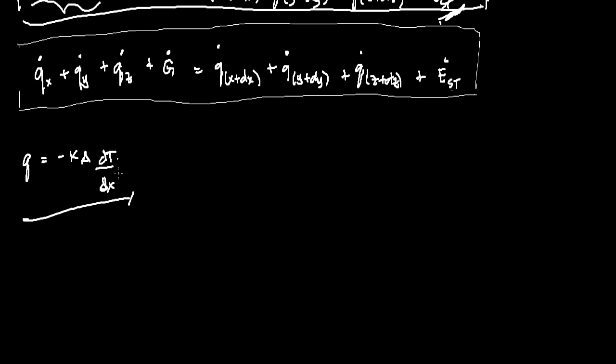We are going to use this and substitute it from our Fourier's law into the general equation of this balance. So we will analyze this Q in a specific direction or dimension.